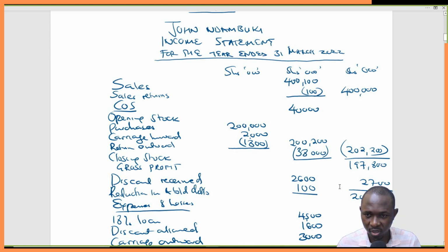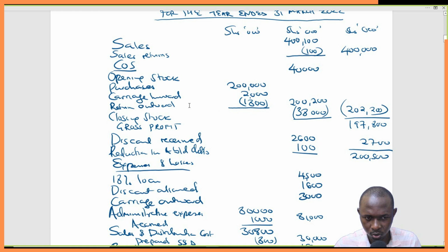Sales 400,100, yes. Opening stock 200,000, carriage inwards 2,000. I'm comparing this with what is in the question paper because there was a problem. Return outward 18, carriage inward 2,000. Discount received.